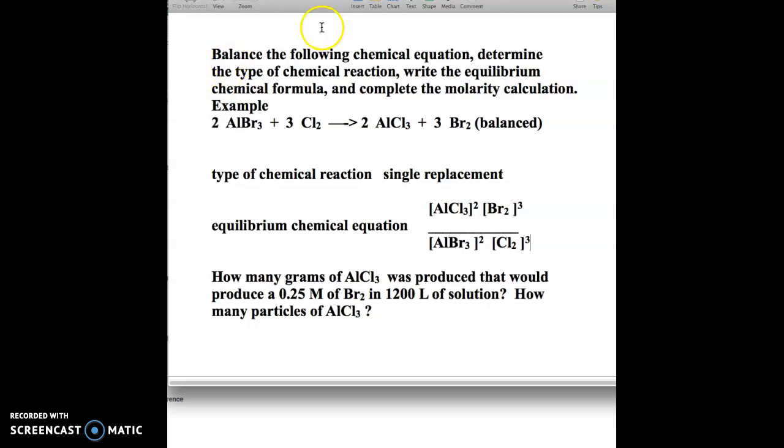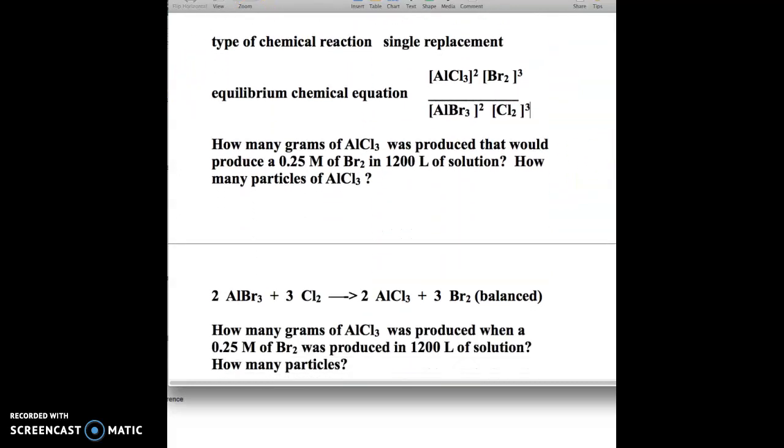So there's your equilibrium chemical equation. Then you have to come up with the number of grams and the number of particles.